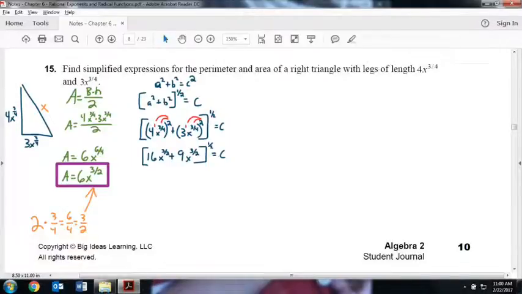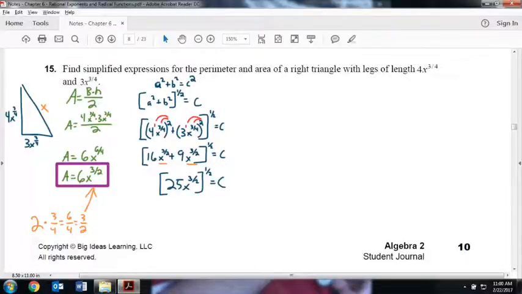Notice we have the same base. They're both x to the 3 halves, so we can add their coefficients. 16 plus 9 is 25. So I've got 25x to the 3 halves, all to the 1/2, equals c.